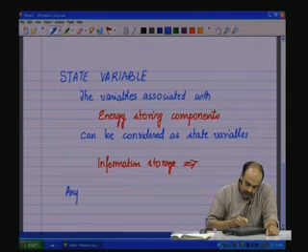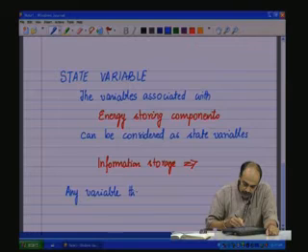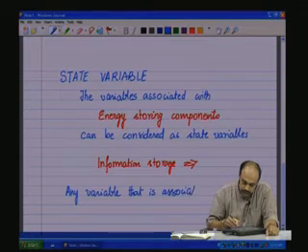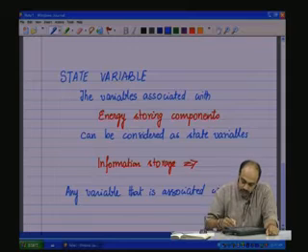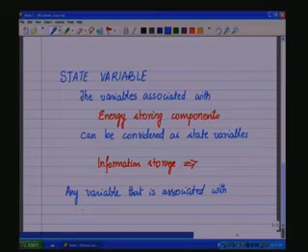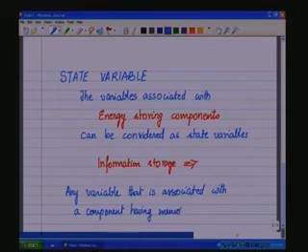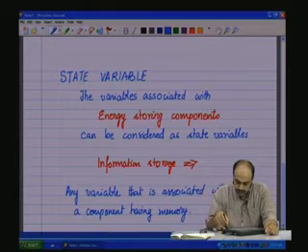Any variable that is associated with a component having memory, then that variable is a candidate for being considered as a state variable.